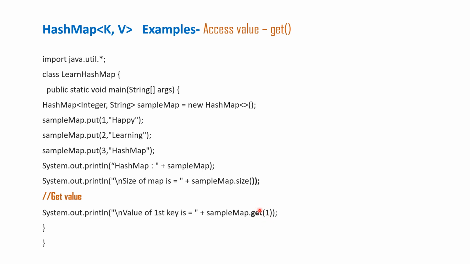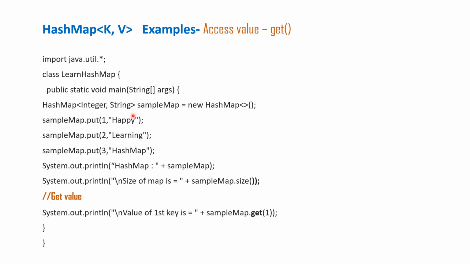So get of 1. We have to give the key value here. Don't get confused. Get of 1 means whatever key is there, that key value I'm mentioning here. So get of 1 should return happy. This value we should get.